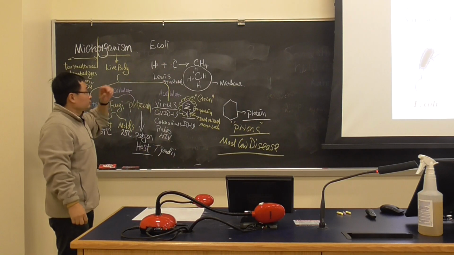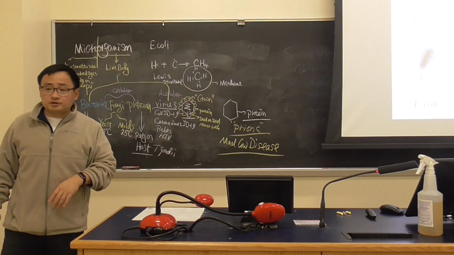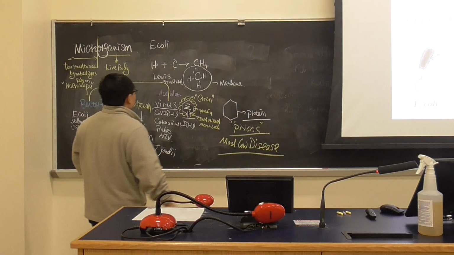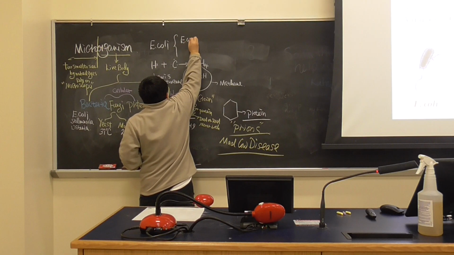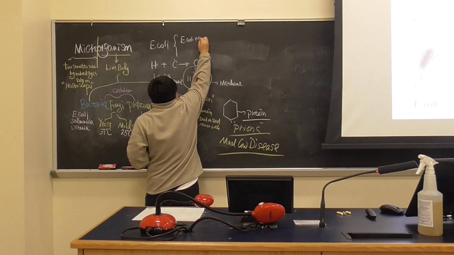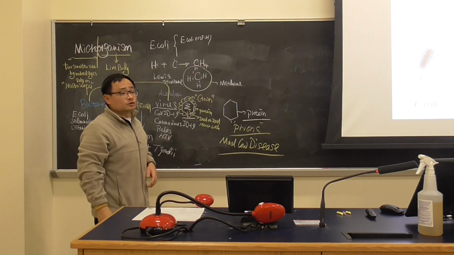So this E. coli. Whenever we talk about E. coli, everybody said it's a sickness. It's not always pathogenic. For example, E. coli O157:H7. And you heard about the news.